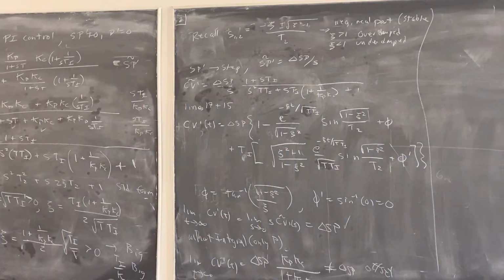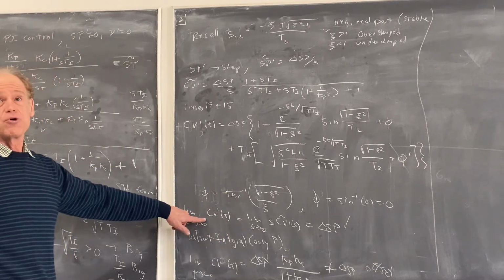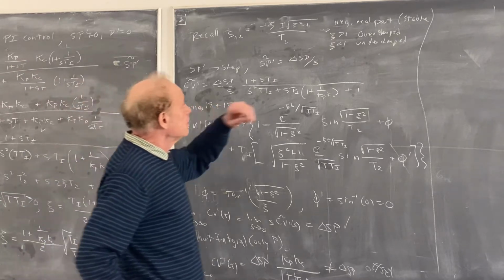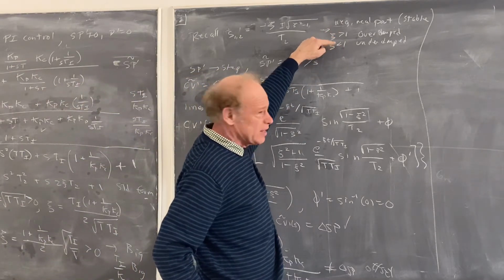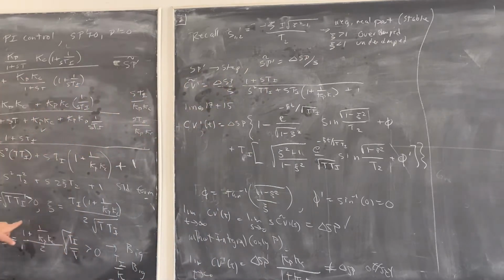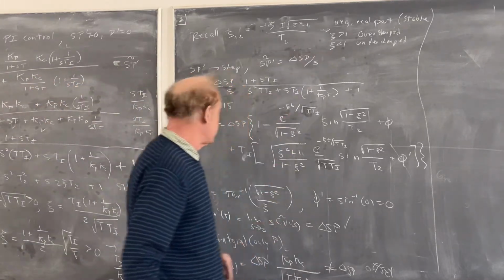And again, I want you to notice that I get the right answer with proportional integral control, but I have this issue of will I have it overdamped or underdamped? And again, I can't tell whether this is greater than 1 or less than 1, which decides overdamped or underdamped.